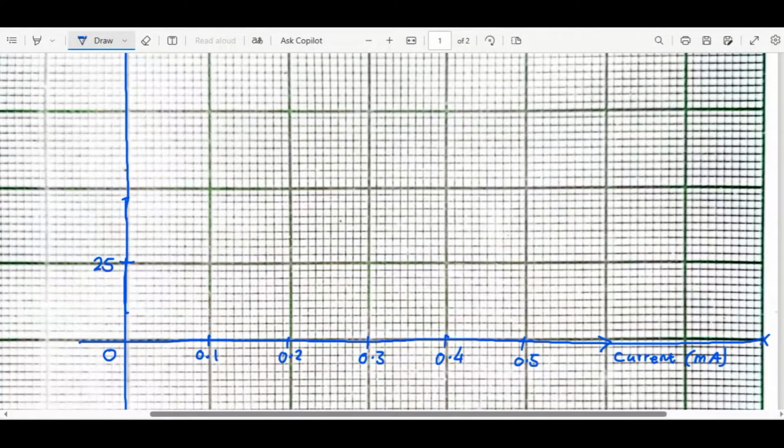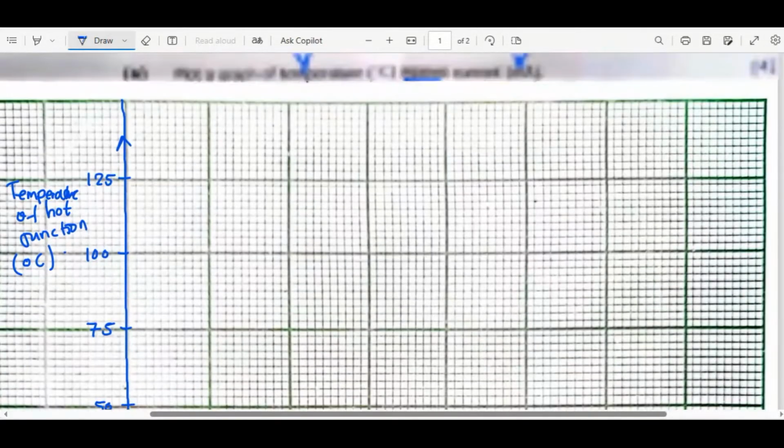So we have 25, 50, 75, 100, 125. So this is our y-axis, and on the y-axis we have temperature of hot junction in degrees Celsius. So let's begin plotting.